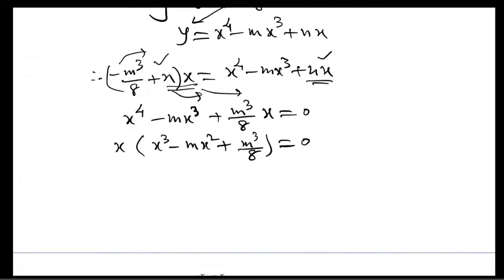can we divide it by m by 2? Can we divide it by m by 2? Yeah.